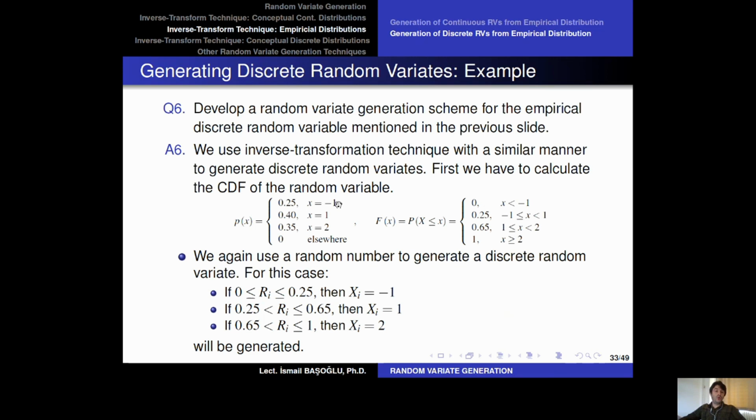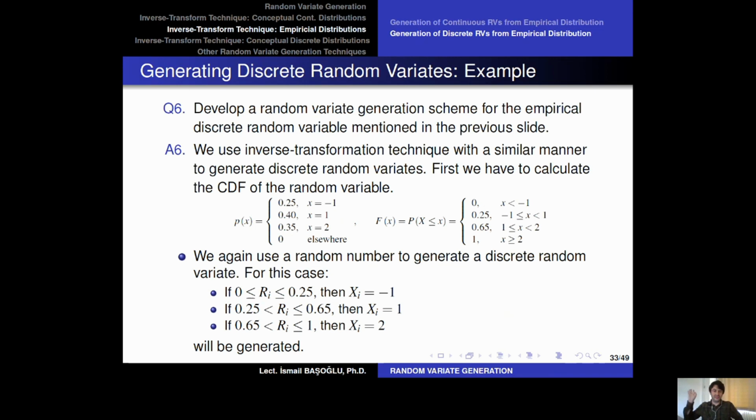So basically, our random variates will get these values if the corresponding random number falls in a subinterval whose length is the probability mass that corresponds to only that value. So this is the generation scheme for discrete random variates in general.